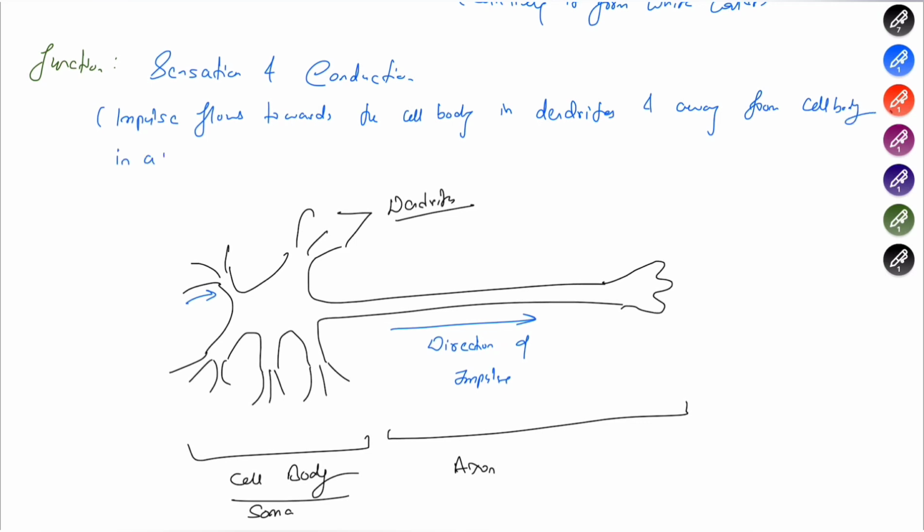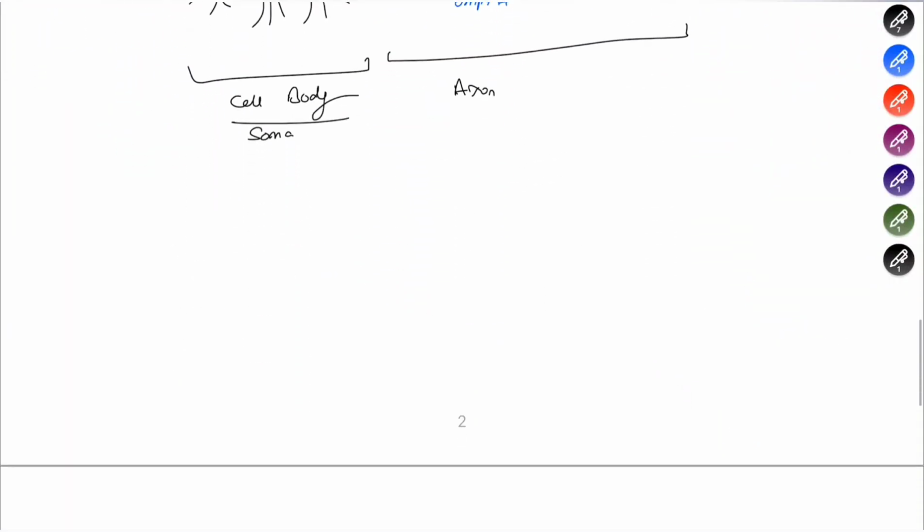Now classification of neurons. Neurons can be classified in various ways: according to their number of processes, according to their length of axon, according to their function, according to their shape, and according to their size.